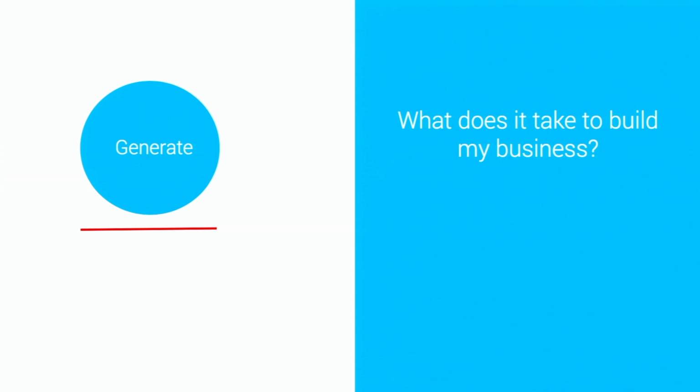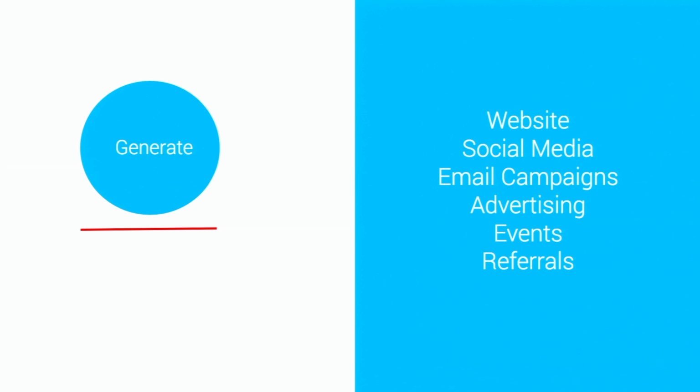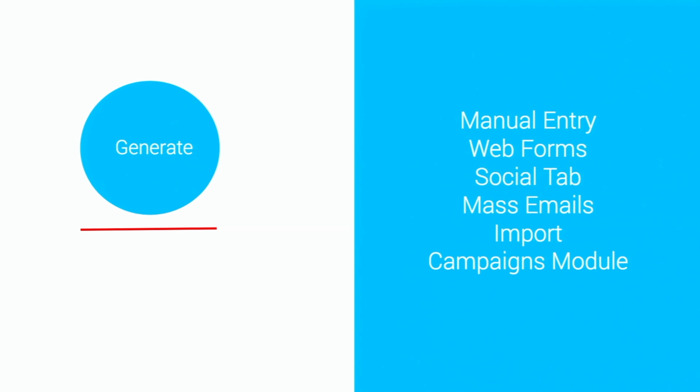All right, so let's go deeper into lead generation. We talked about the sources for your leads: your website, social media, campaigns, advertising, events, referrals. There are so many other things. How do you actually put this into the CRM is the question. So these are the features in the CRM that you'll be using. You can manually enter the leads.